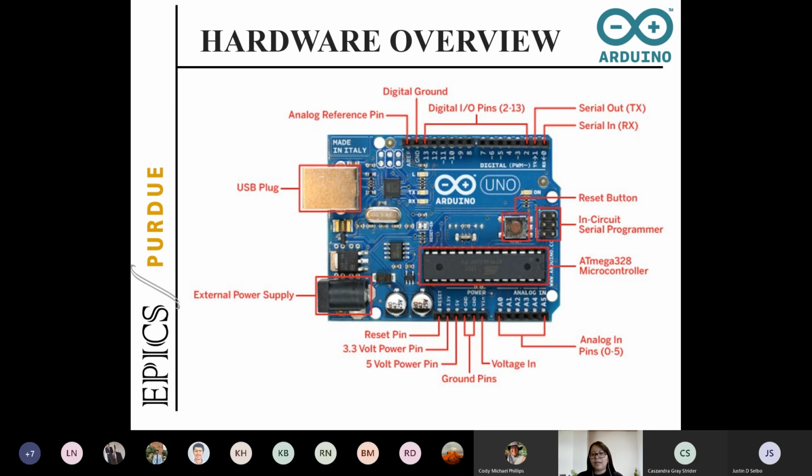And then over here, we do have analog pins. Analog pins means that they are not going to be sending information just in ones and zeros. Instead, they will be able to read information in different numbers.